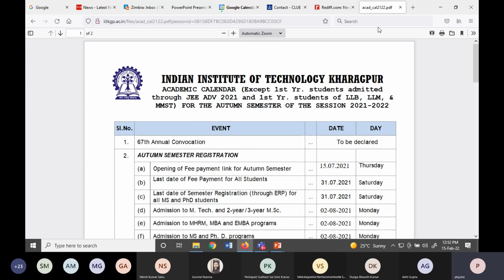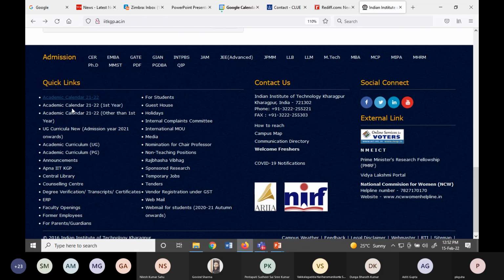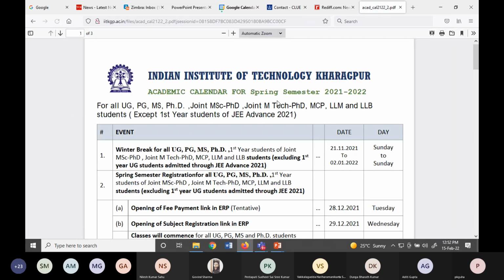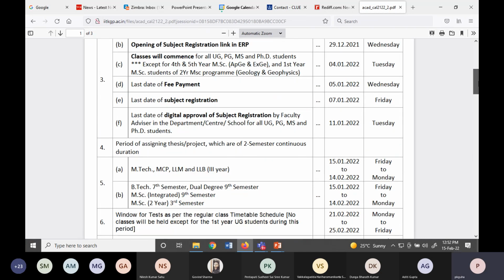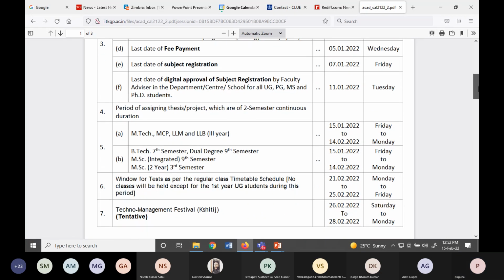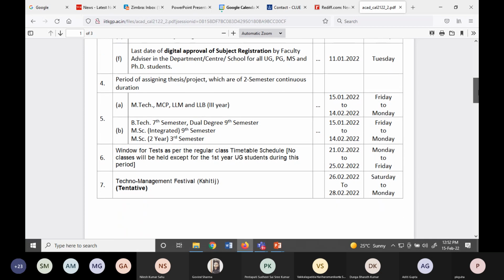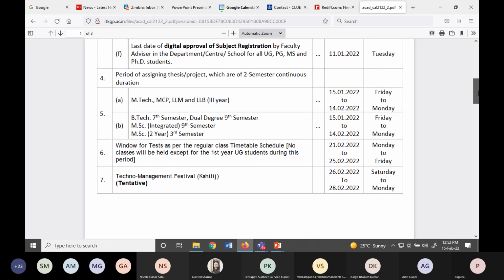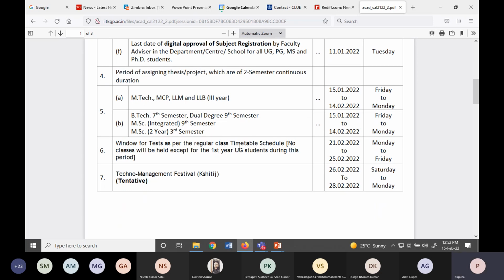What is the academic calendar? So window for test as per regular class timetable schedule. No classes will be held except first year. Okay.